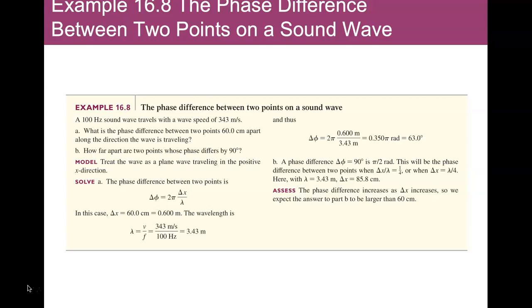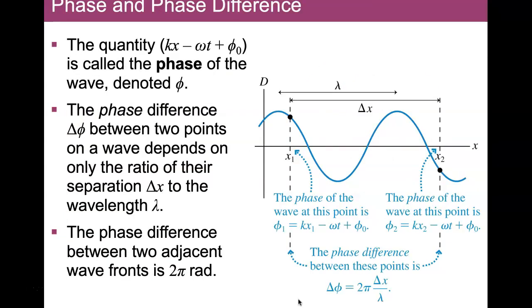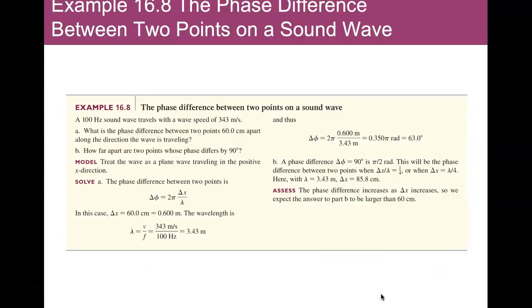So we have this expression, right? We just found that the phase difference is 2 pi over lambda times the difference in distance. So if the difference in distance is 60 centimeters, we have that.